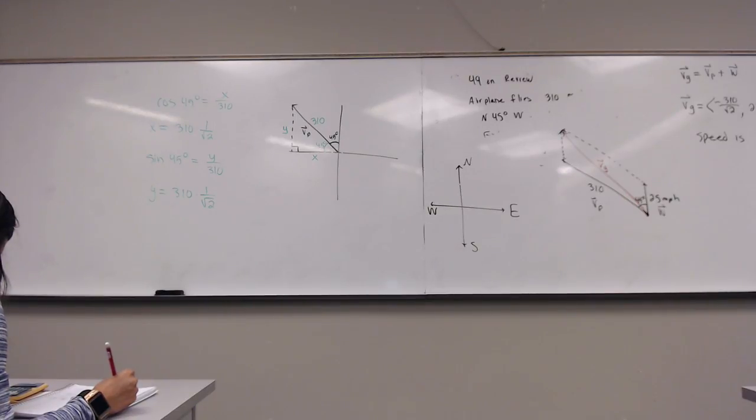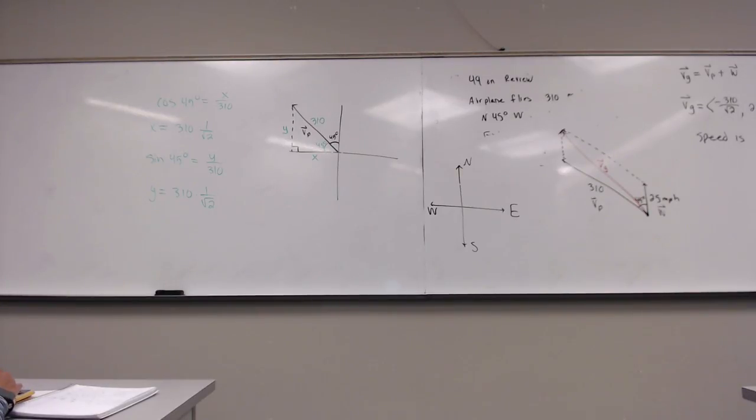Anybody do this yet? I got 5. How'd you get 5? I put it in parentheses. I forgot to put the squares. I got 292.8. I'm getting 328. Let me try one more time.